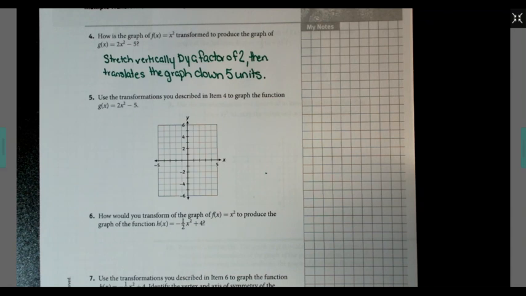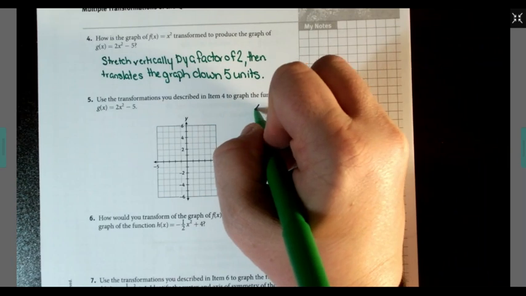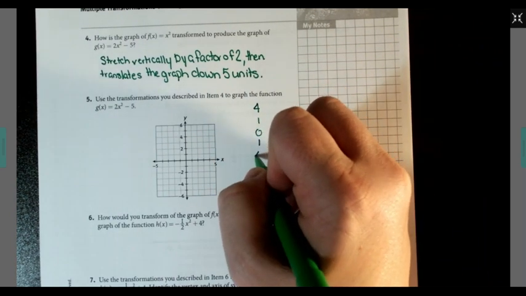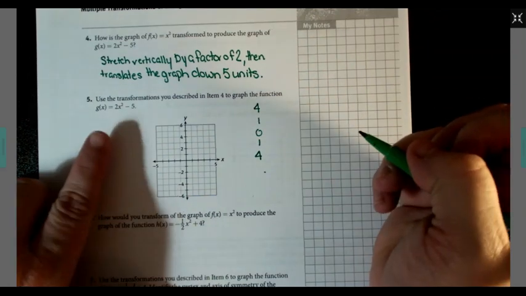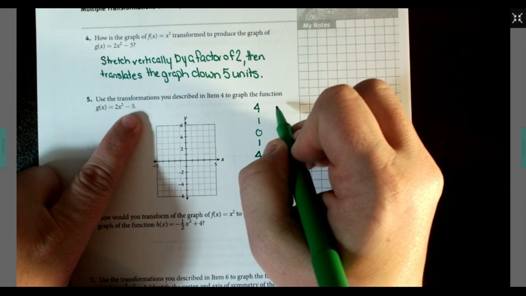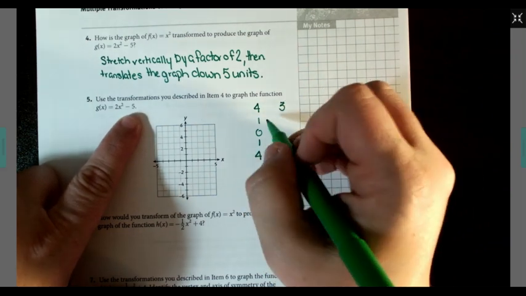Use the transformations you described in item 4 to graph the function g of x equals 2x squared minus 5. So, remember we had those most common ones. We had 4, 1, 0, 1, 4. Well, what this says is we're going to multiply by 2, so that's going to be 8. Then we're going to subtract 5, so that's going to be 3.